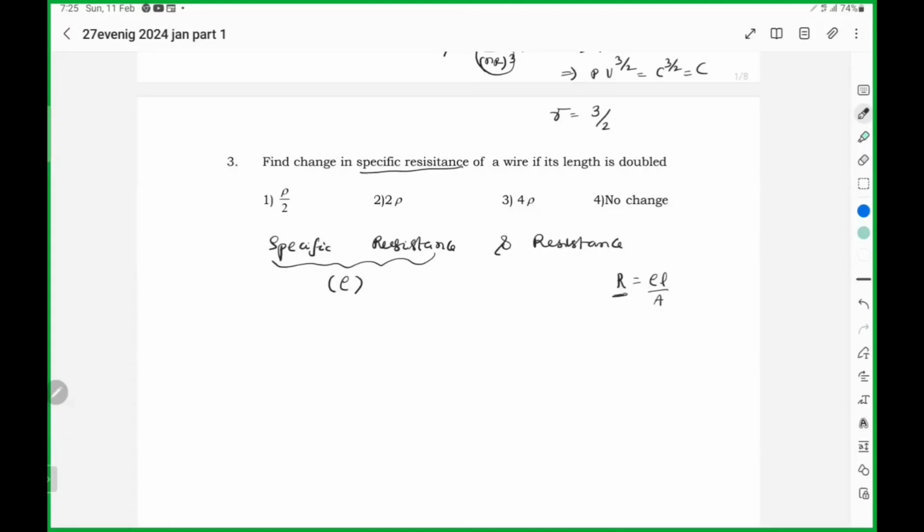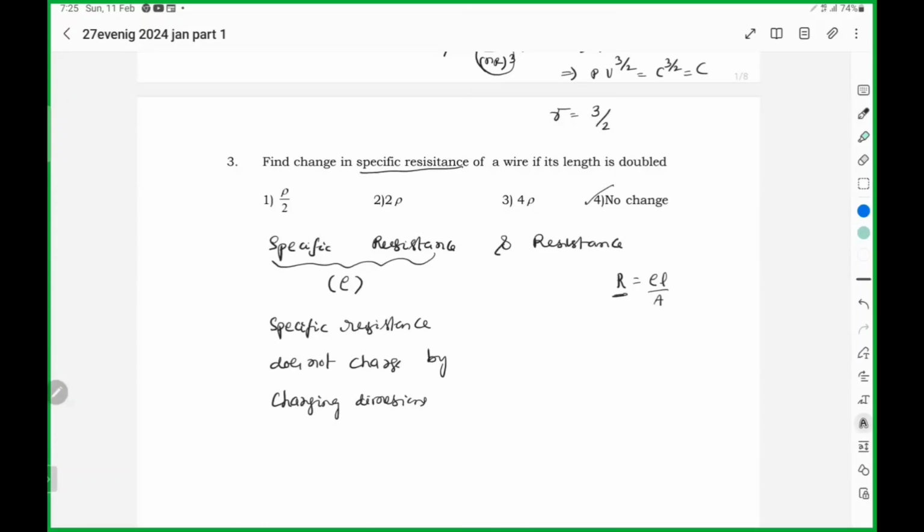Resistance changes by changing dimensions, but specific resistance only depends upon the nature of the material, and does not change by changing dimensions. Answer is 4.